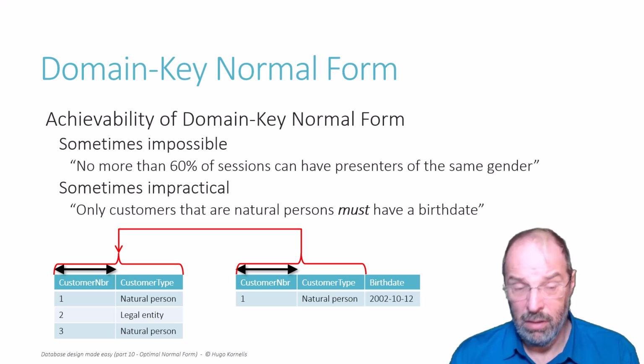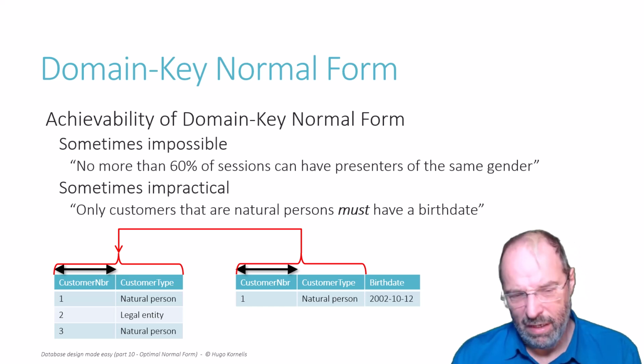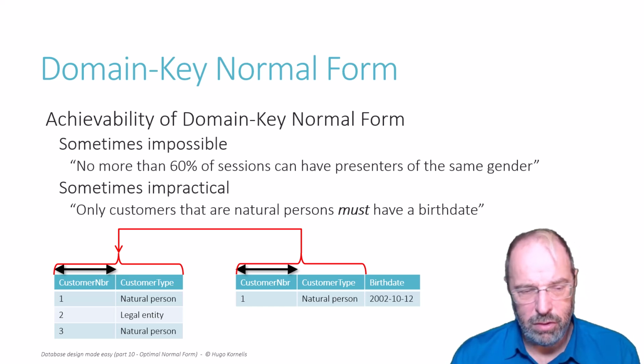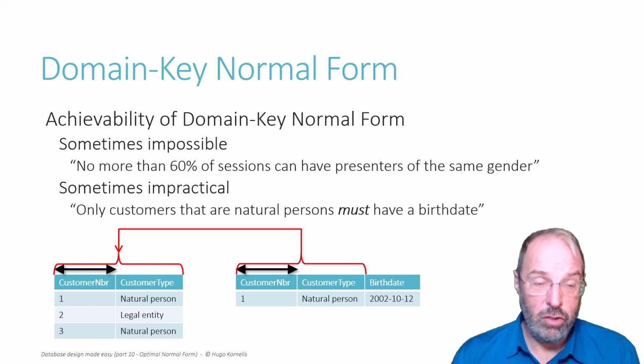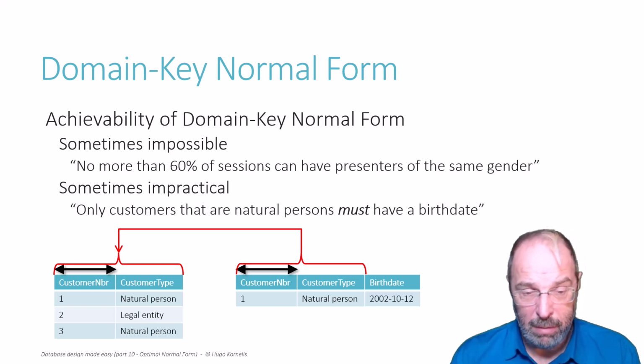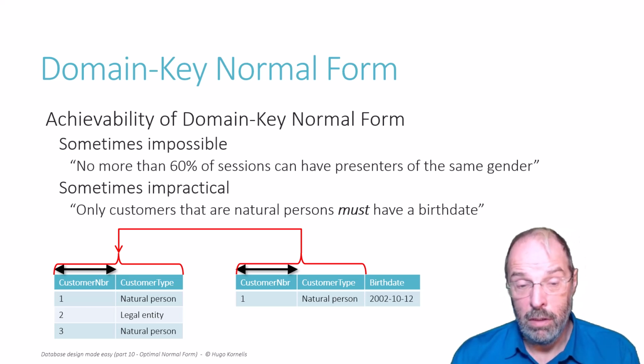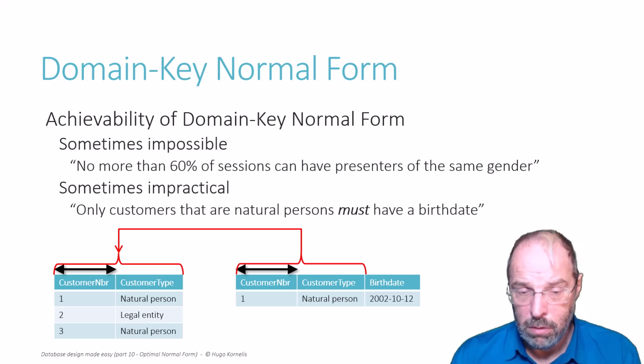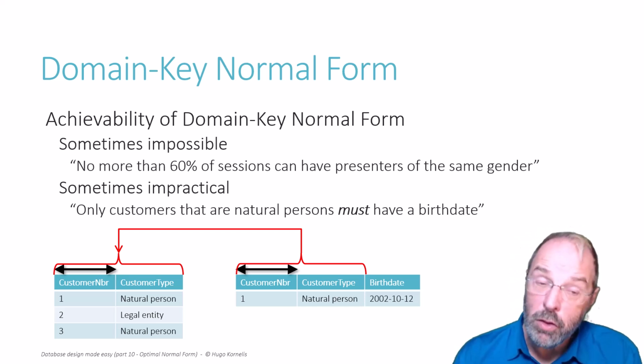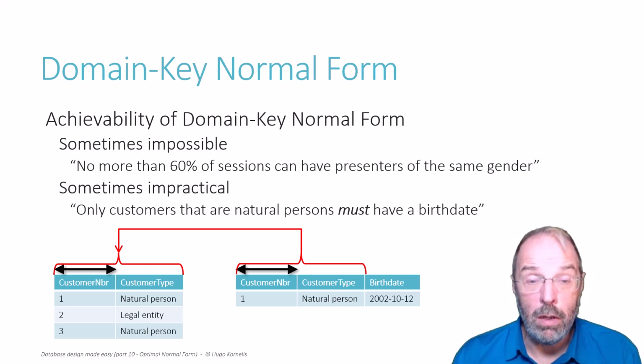And think about it, if you would force that, then you also would have a data entry problem, because you can't add customer number 3 to the customer table before adding them to the natural person table. But you also can't add customer number 3 to the natural person table before adding them to the customer table. Deadlock.